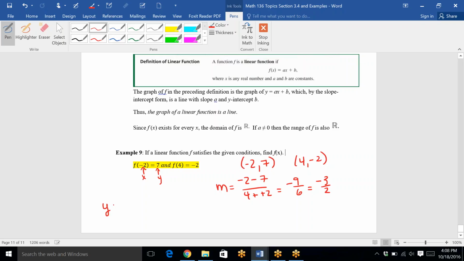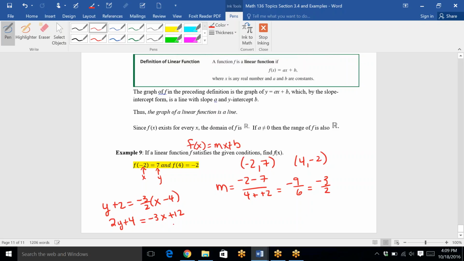So y minus negative 2 would be y plus 2. Then I have negative 3 halves times x minus 4. Multiply the 2 to the other side, and then distribute the negative 3. So I multiplied 2 on both sides. And then get this in slope-intercept form because we do want it to be f of x equals mx plus b, that we're calling it a linear function.